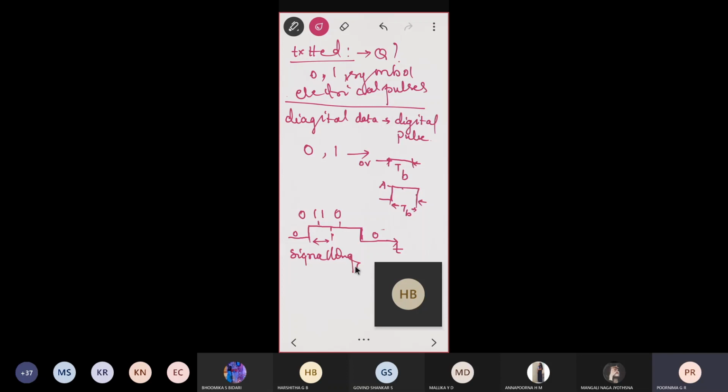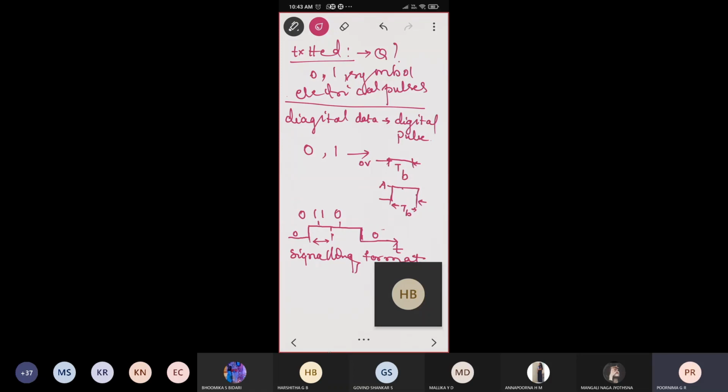Understood what is signaling format? Why are we going for it? And how do we get this signaling format from the discrete data into electrical pulses? This is what we have to discuss in detail.